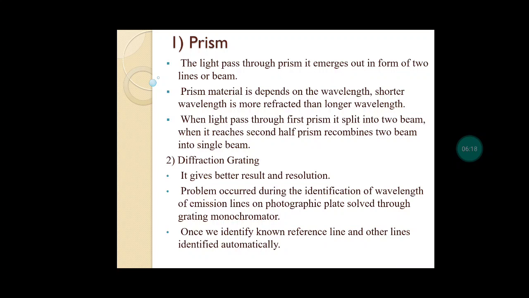The second half prism combines the two beams into a single beam. Then the diffraction grating gives better results and resolution. The problem of identifying the wavelength of emission lines on a photographic plate is solved through the grating monochromator. Once we identify a known reference line, the other lines are identified automatically.